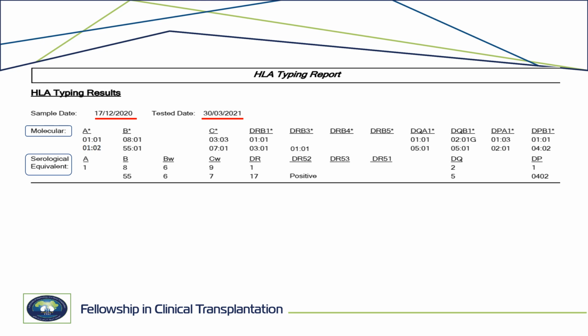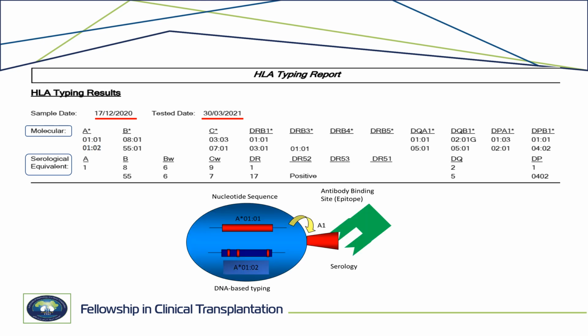This is very easy because A0101 and A0102 will have the same protein expressed on the surface. So if you remember from the earlier slide, here are the two genes expressed in this cell, A0101 and A0102. When they form the protein, they will form an A1 protein. Both of them will form an A1 protein.